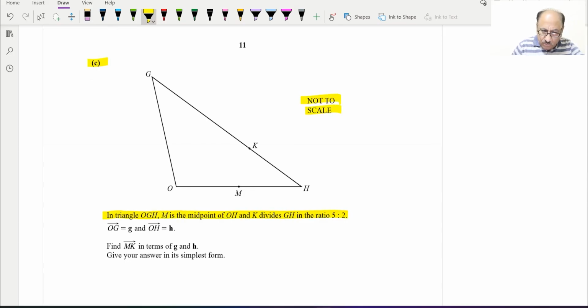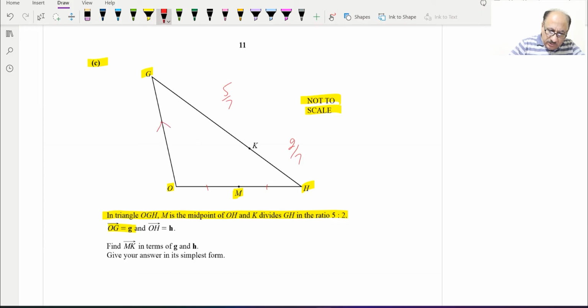Now part C, vectors question, and the diagram is not to scale. The triangle OGH. M is the midpoint of OH, and K divides GH in the ratio 5 to 2. So these two are equal, and this is ratio 5 to 2, so 5 by 7 and 2 by 7. OG is equal to g.